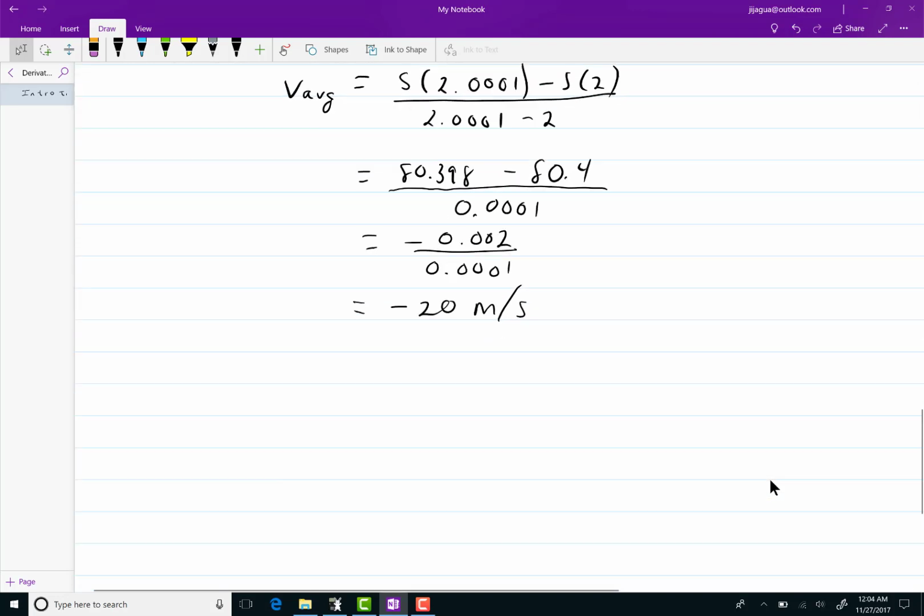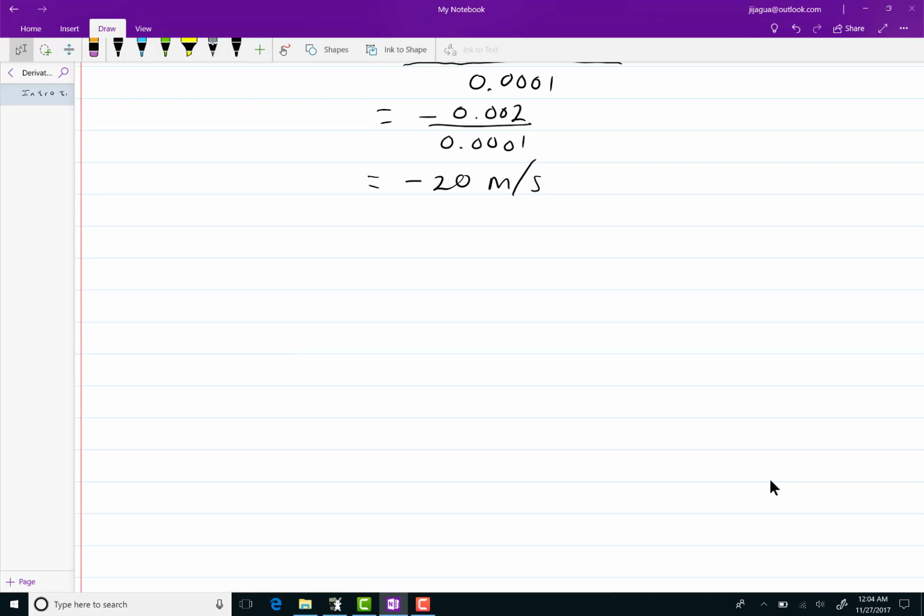If you look, the average velocity is s at the end minus s at the beginning all over time.